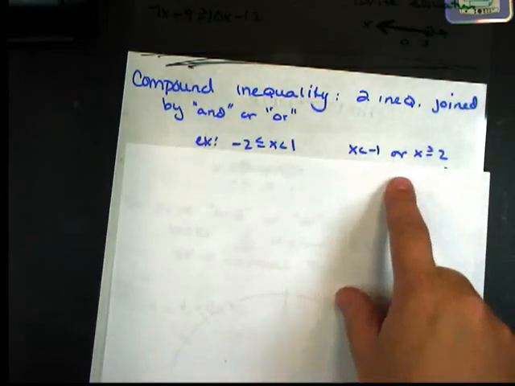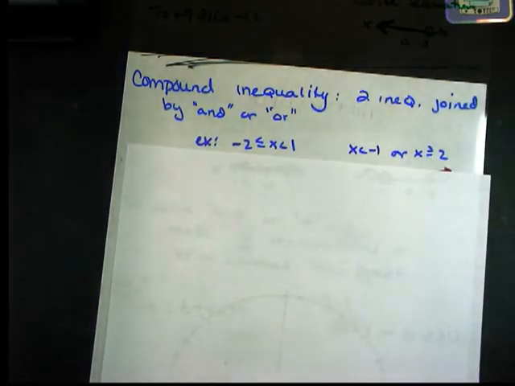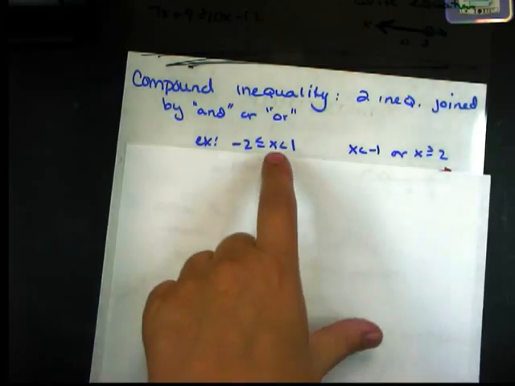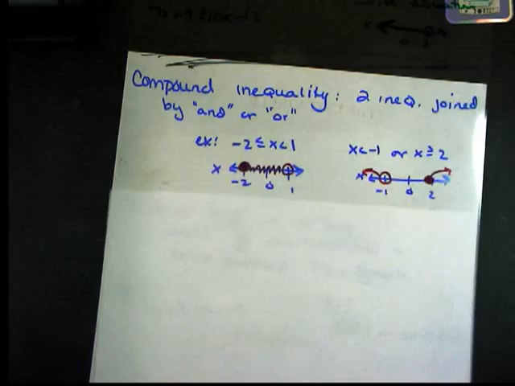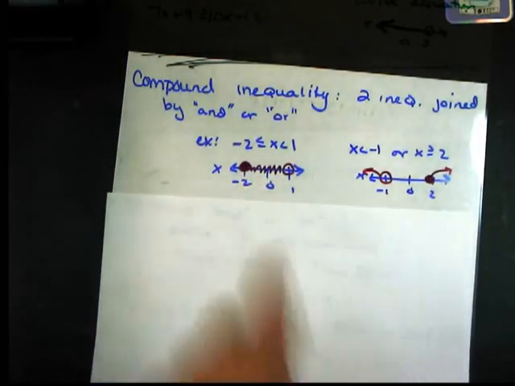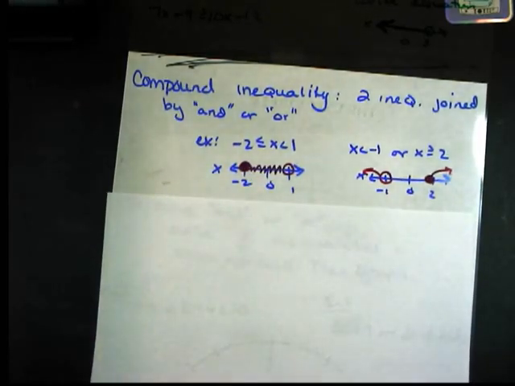If you're or, there's no other option. You're this or you're that. So those are separated out. When we graph these, they are specific graphs. An and will always shade in between those 2 points. Let me say that again.